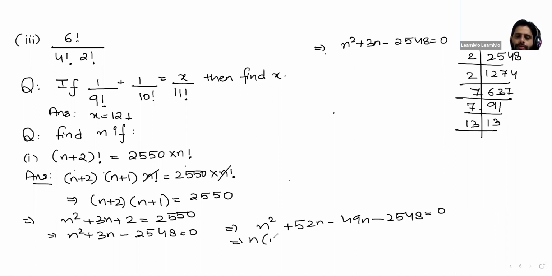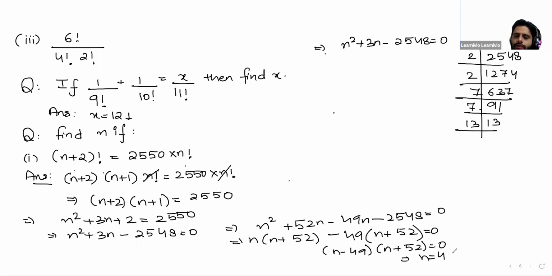So this is n plus 52 common, take common minus 49. You will get n plus 52 into n minus 49 is equal to 0. Okay. So from this, you will get either n is equal to 49 or n is equal to minus 52.